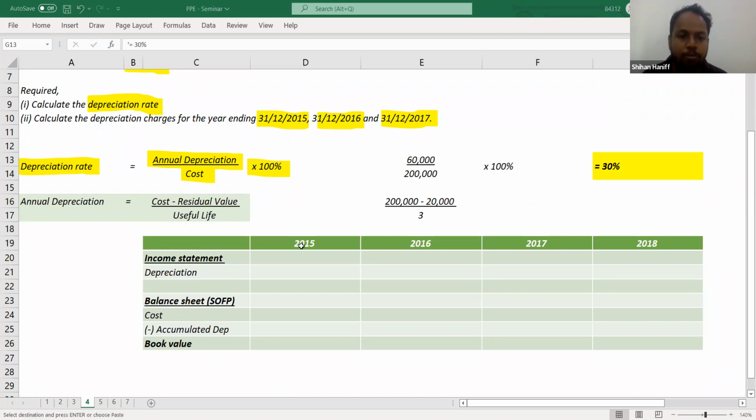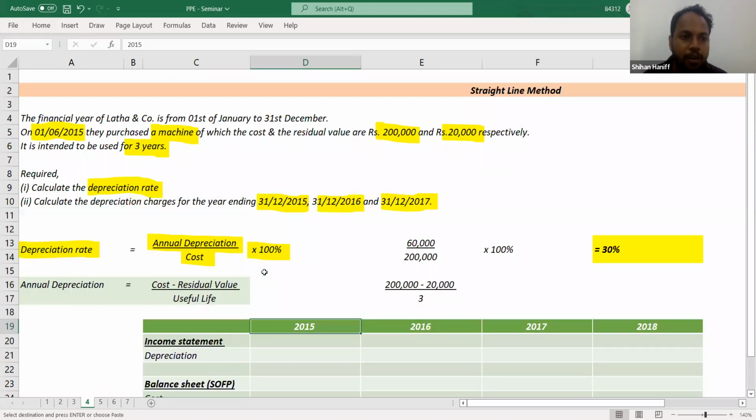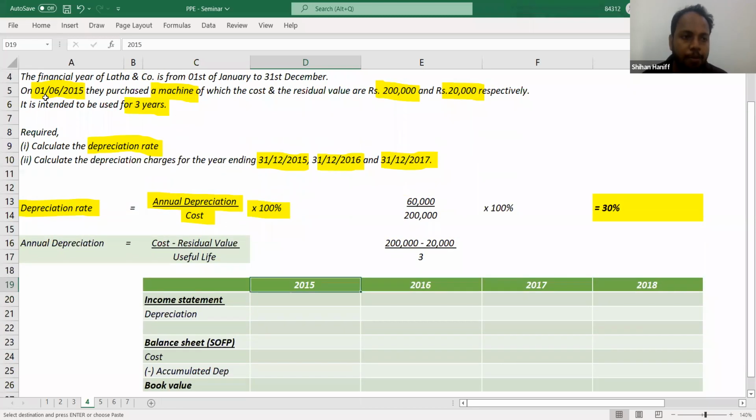So in 2015, we will be using this machine only how many months? How many months do we have to depreciate for 2015? Purchasing on 1st of June.